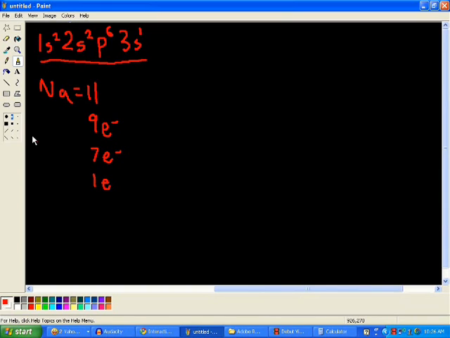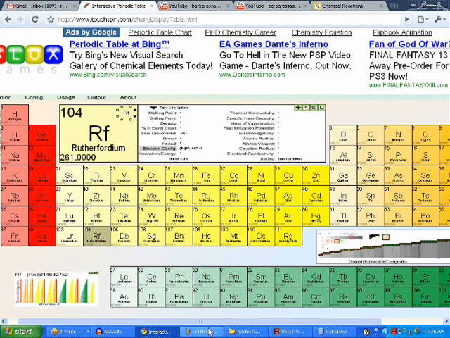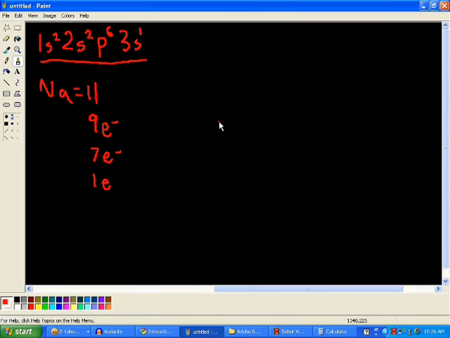If we go to another one, for example, let's use potassium, which is signaled by K on the periodic table and has 19 electrons. We would do the electron configuration by writing this out here.